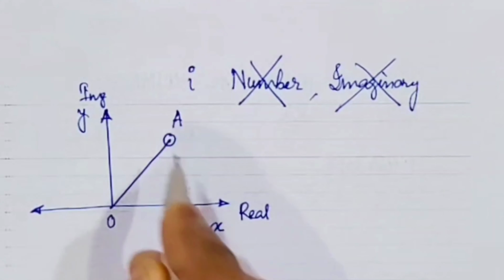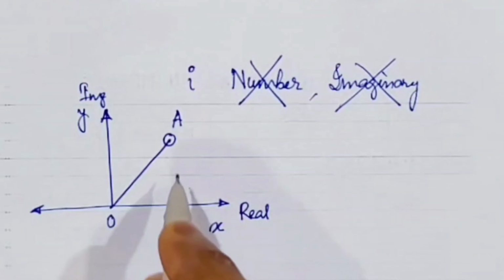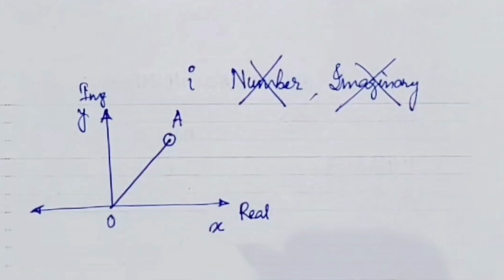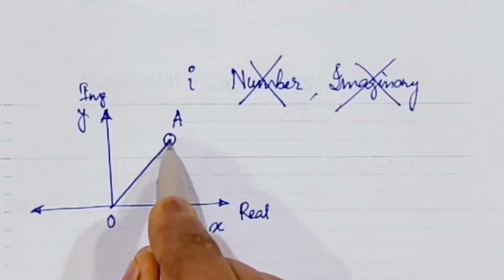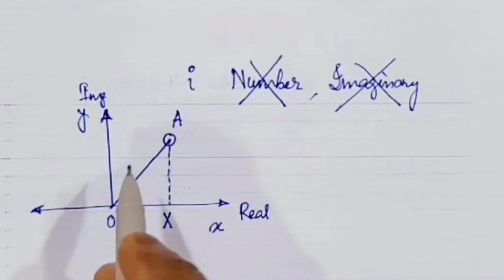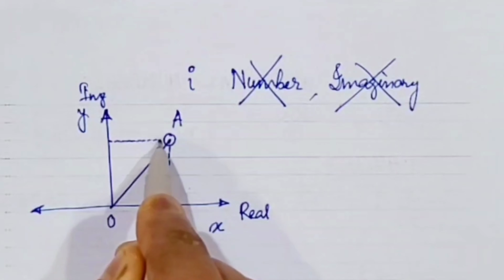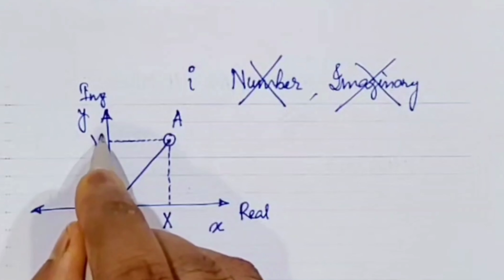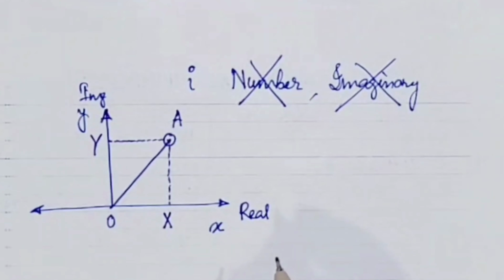The length OA has two components. These components are derived by dropping perpendiculars on these two axes. From A, let us drop a perpendicular on the x-axis and mark it as OX, capital X. Let us drop a perpendicular on the y-axis and mark that point as Y, so OY.